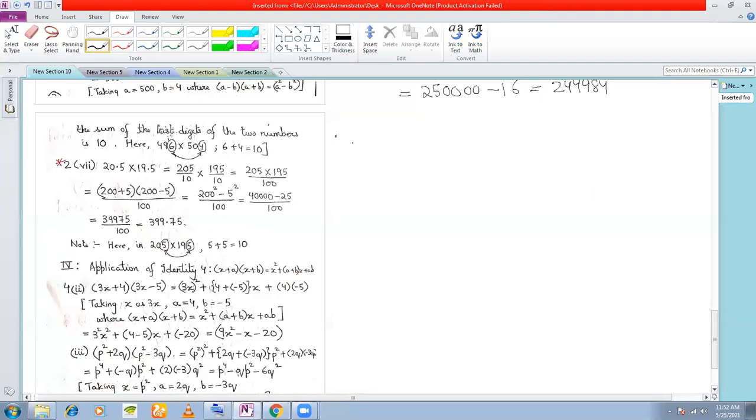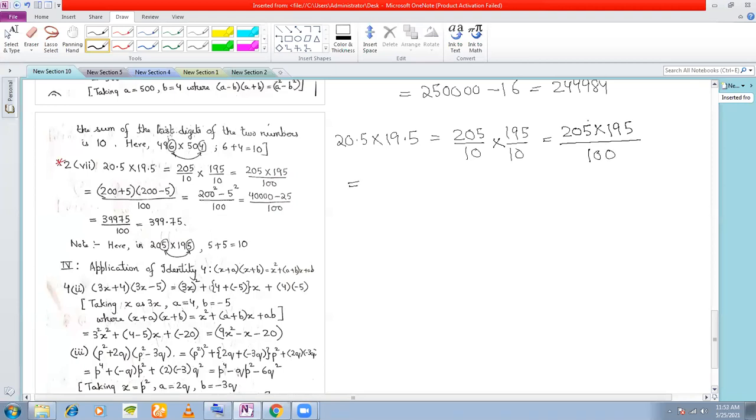Here, if you see 20.5 into 19.5, you have to multiply these two. First of all, you change them to fractions: 205 by 10 into 195 by 10. Now in the numerator you have 205 into 195, and in the denominator you have 100.